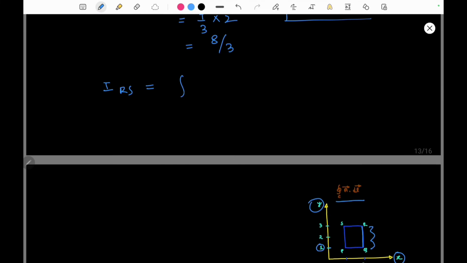So we can write similarly R2S, a vector dot dl vector. Throughout R2S we can see this y value remains constant.